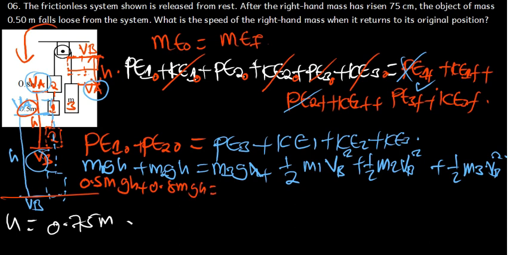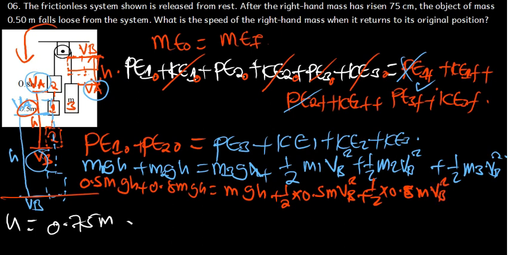We have not been given the mass, it's just m. So mgh, then plus half m1 is 0.5 m, then vb squared, plus half m2 is 0.8, which is m. We have to put m there. Then vb squared, plus half m3, which is just m vb squared.